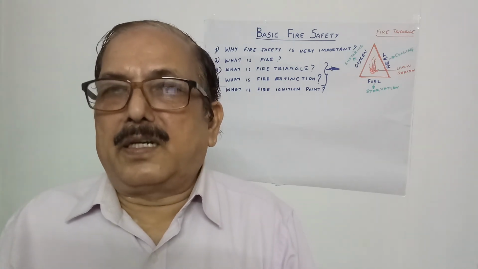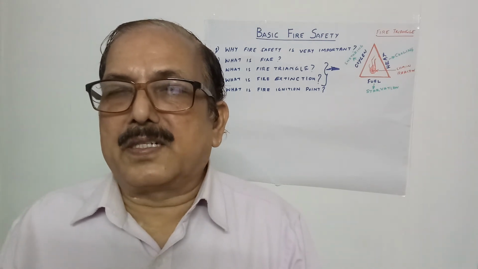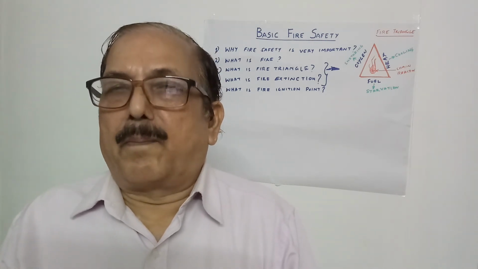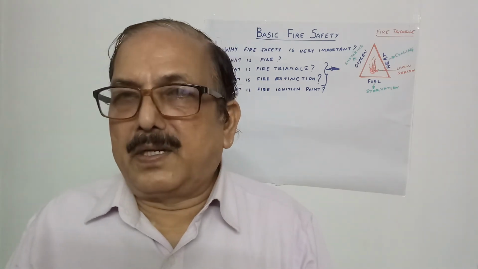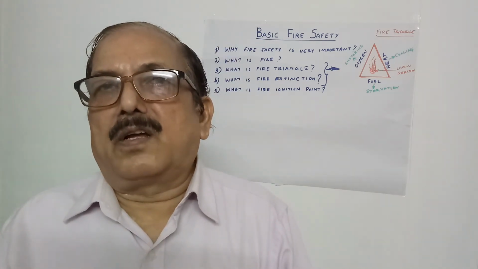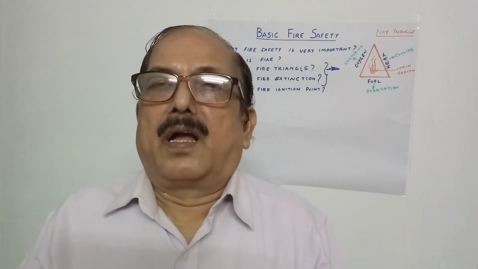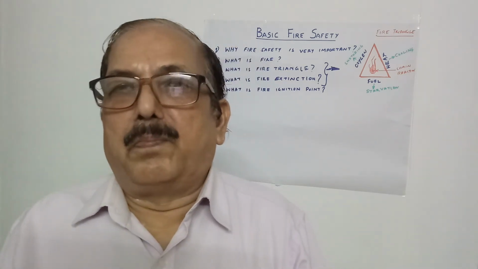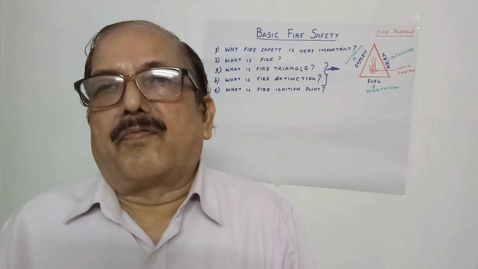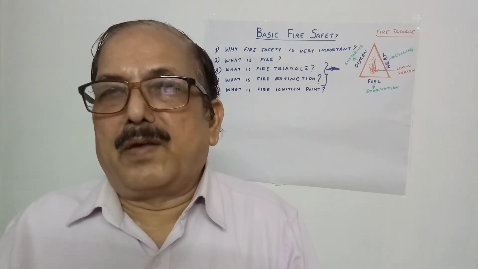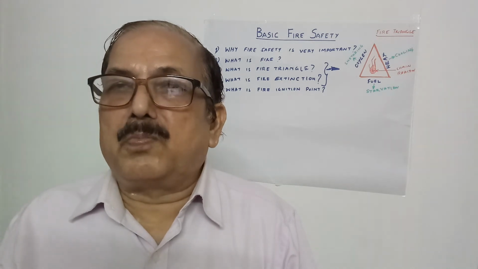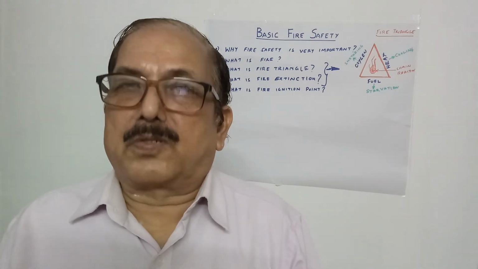And there are three types of fire materials: combustible material, flammable material, and explosive material. In combustible material, when burning you will get ash. In flammable material there is no ash, only flame. And explosive material is very dangerous; an explosion will take place.